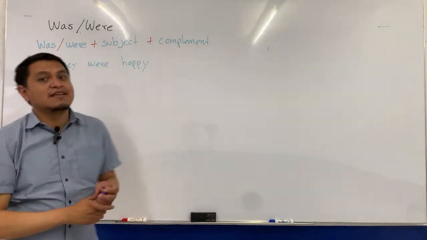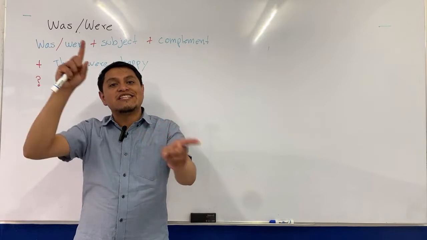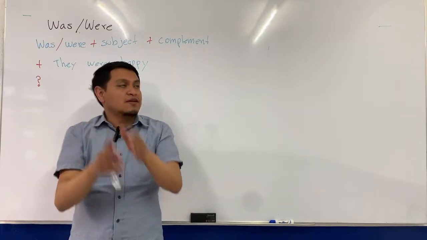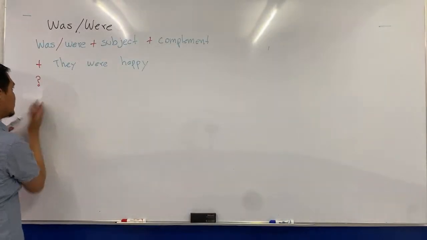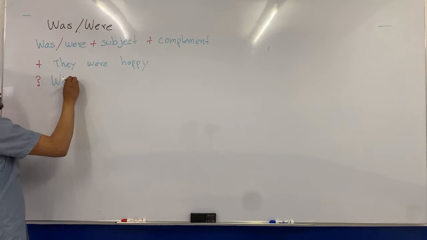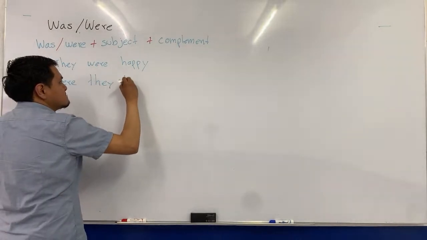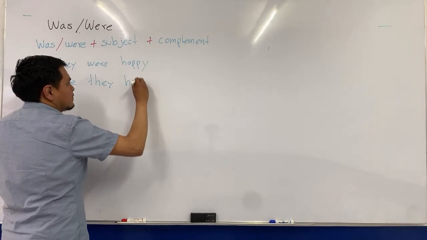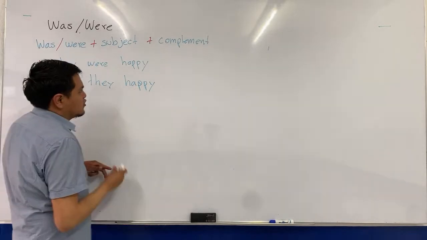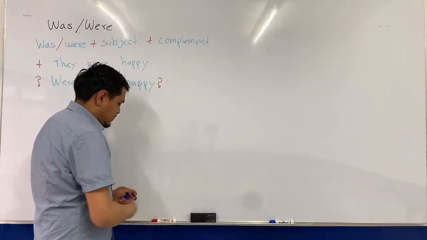Now, for questions, in this case, switch the words. I'm going to change the order of the words in the sentence. The first is were with a capital letter, were they happy? Question mark, right?